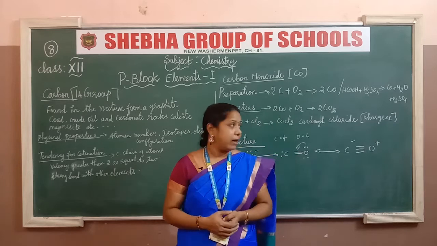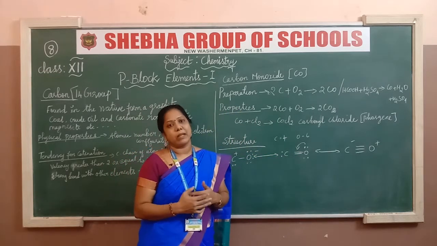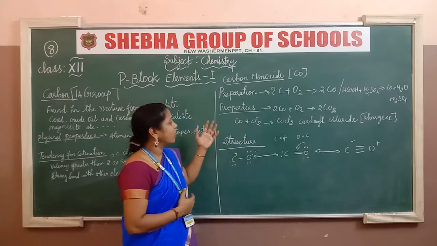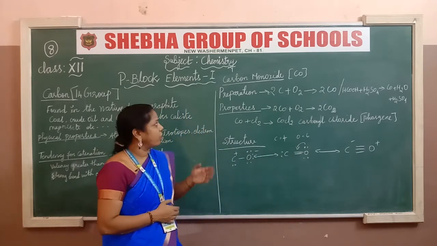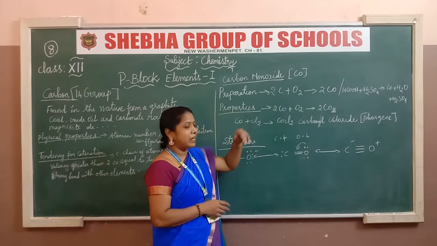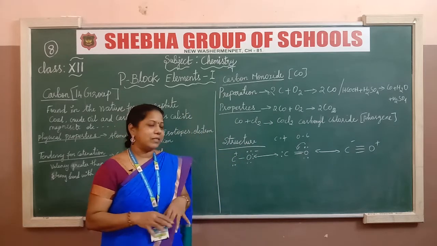Okay, and go for carbon monoxide. In the carbon family you have carbon dioxide and carbon monoxide. Let's see the preparation and properties of carbon monoxide. The symbol is CO, one atom of carbon and one atom of oxygen.